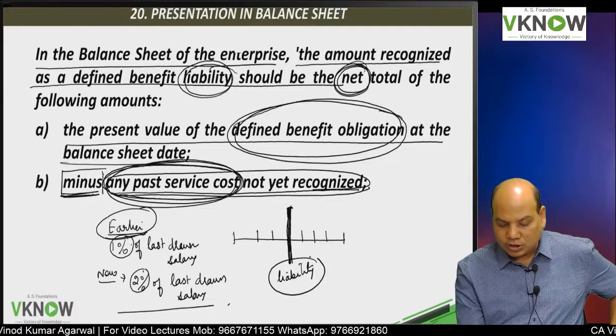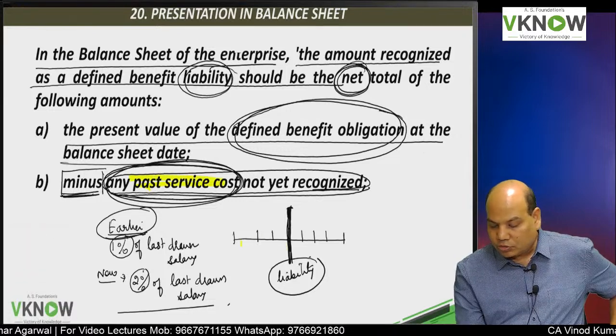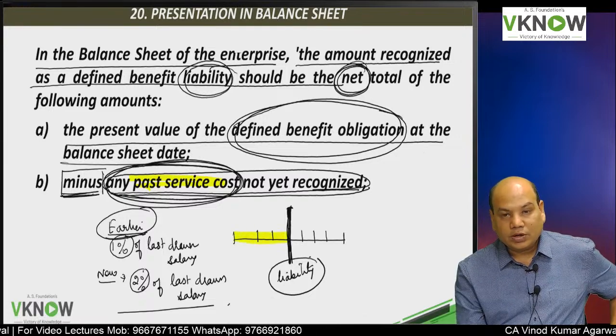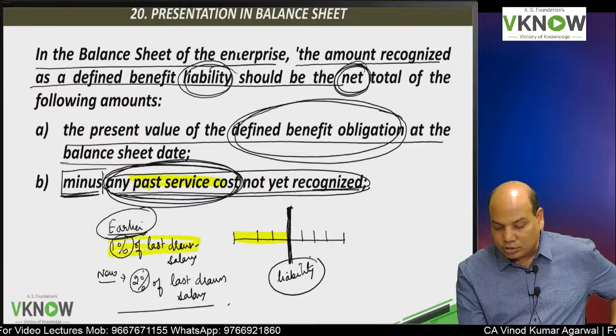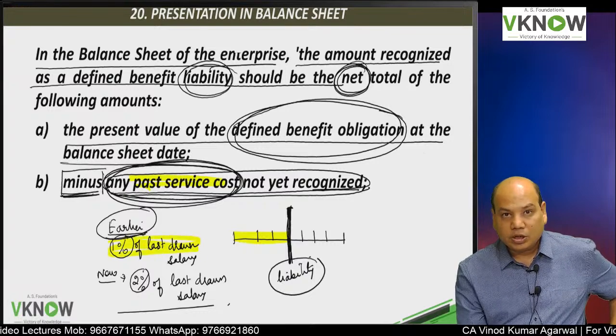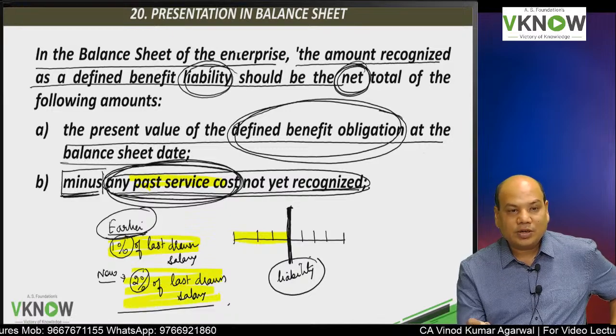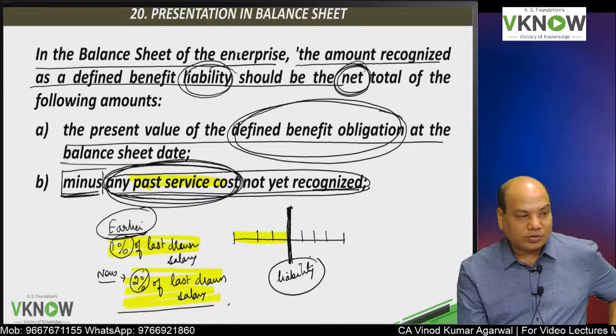So first thing you have to understand, past service cost means he has already rendered service in the past years. Earlier we recognized the liability using 1%, but now management and employee have renegotiated and it is 2% of the last drawn salary.